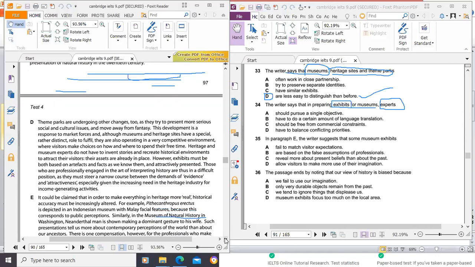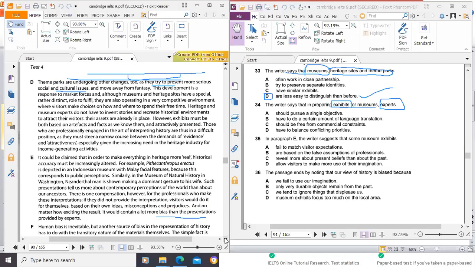So, exhibits must be both based on artifact and fact, and attract, yes.